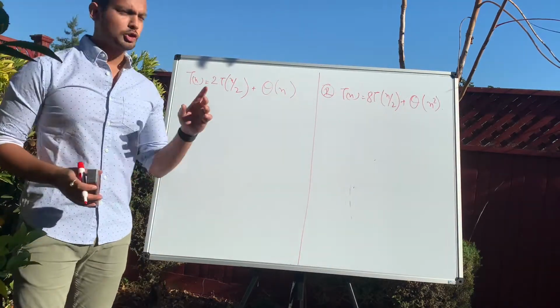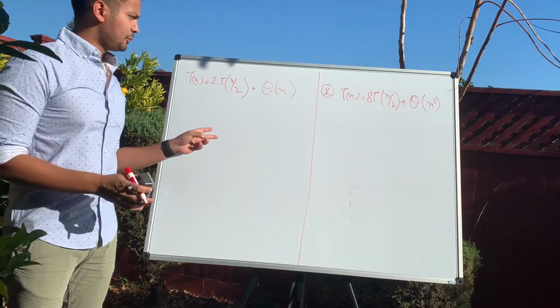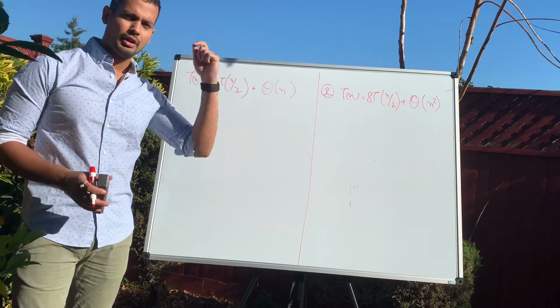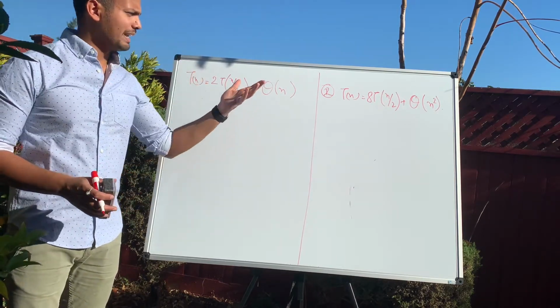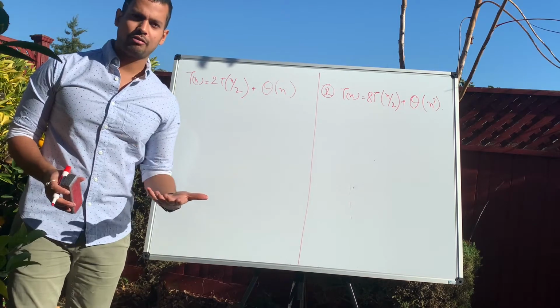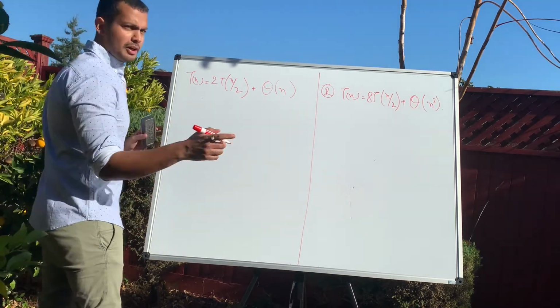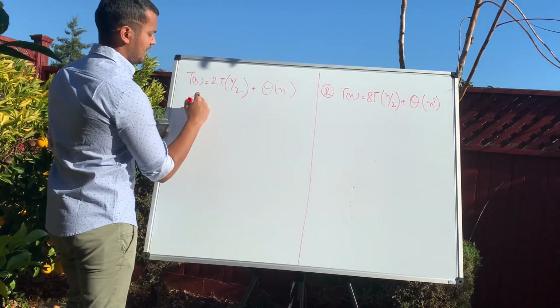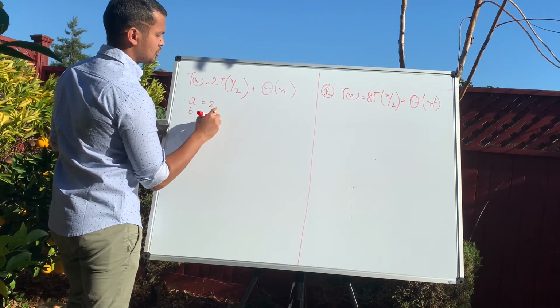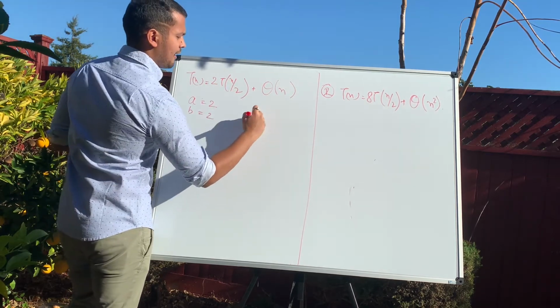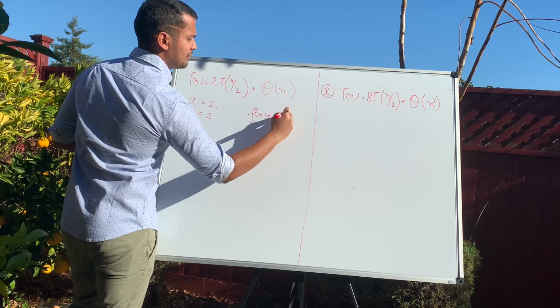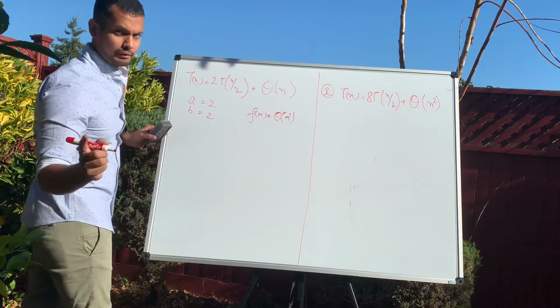Alright, I'm presenting two more examples. Although they are redundant, we have done similar questions before, but I'm giving you two more examples for more clarity about Master Theorem and how to apply it. So in this question, let's start with this one. a is 2, b is 2. f(n) is a function of n to the power 1.